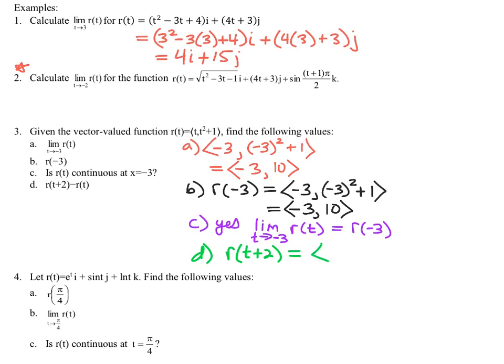All right, so we can substitute expressions into vector valued functions just like we can with numbers. Instead of the t, I'm going to put a t plus 2. From that, I'm going to subtract r of t.